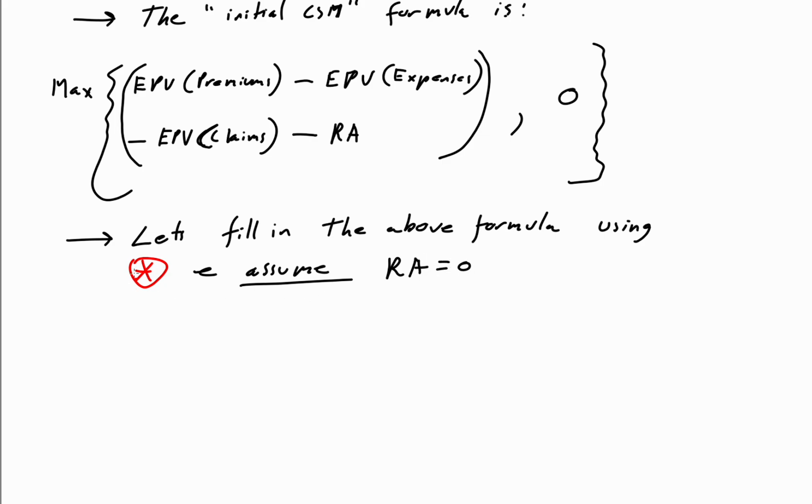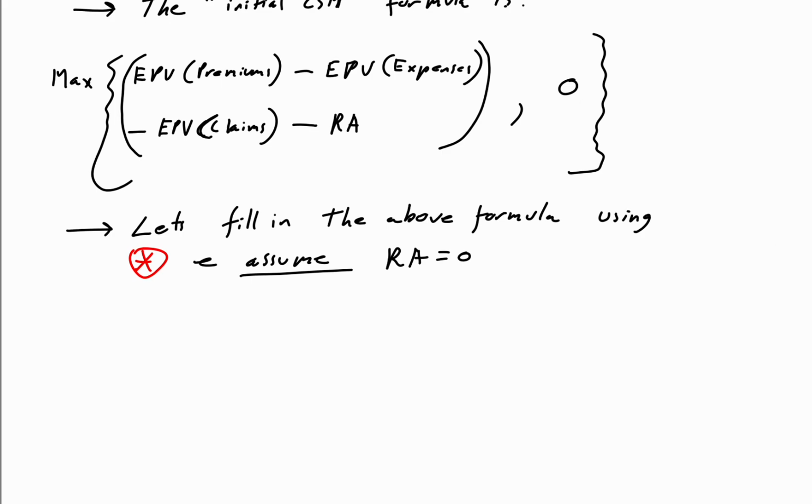So star is what I labelled all those cash flows last time: the minus 300 and then the plus 150, plus 150, plus 150 and plus 150. And we're also going to assume that this RA term is 0 just for simplicity.